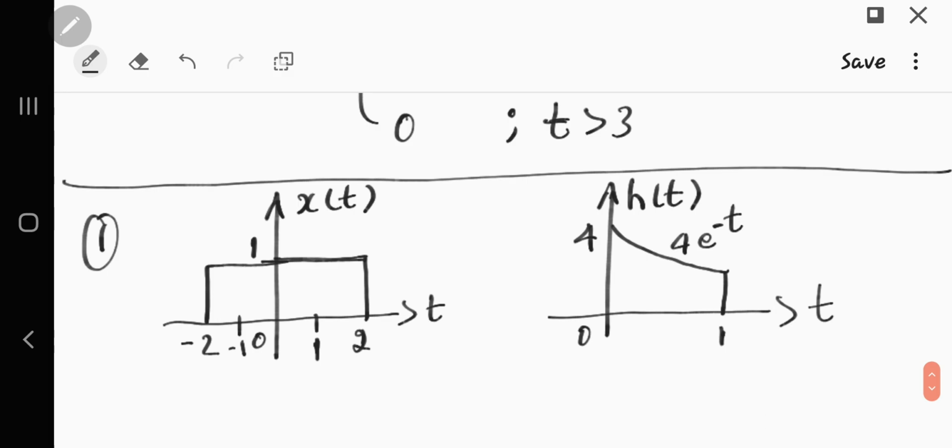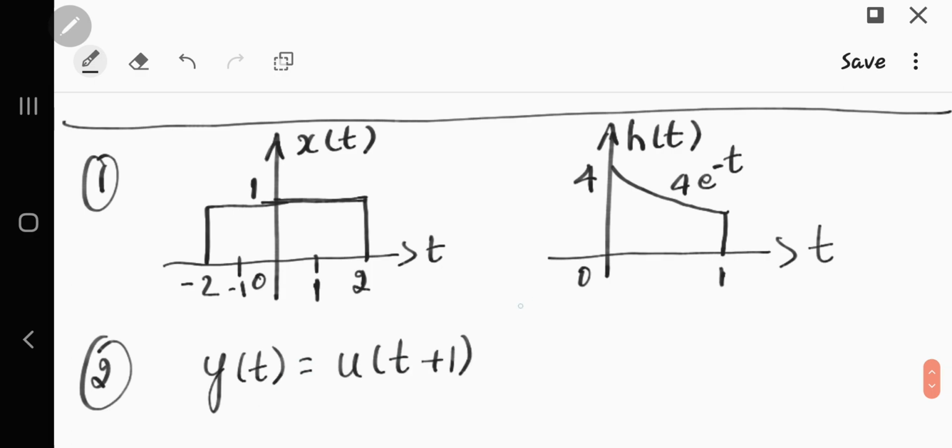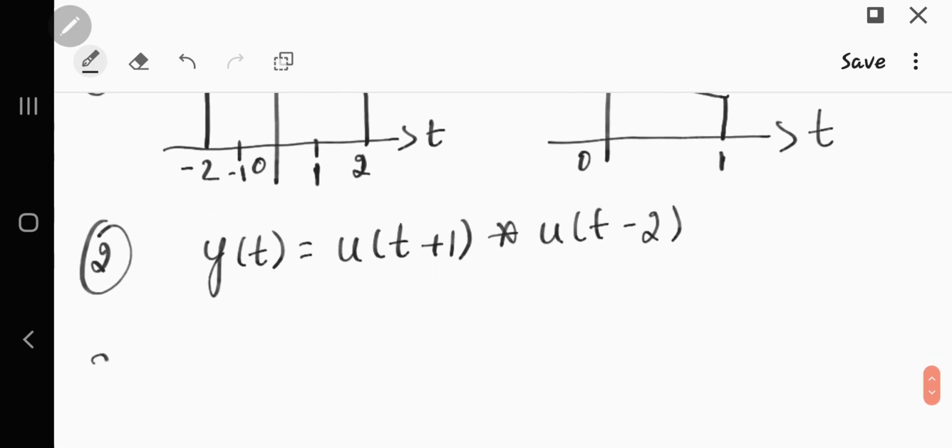The signal is an exponential signal, 4 into e to the power of minus t. So this is one problem, and the second one, I'll just give you this: y of t is equal to u of t plus 1 convolved with u of t minus 2. So this is another one I want you to try.